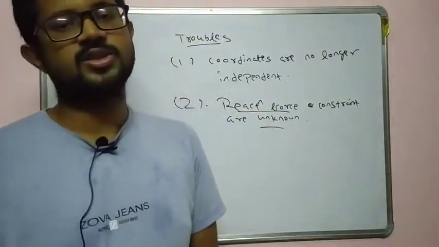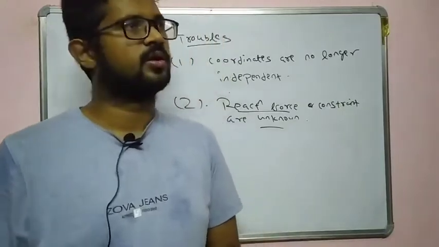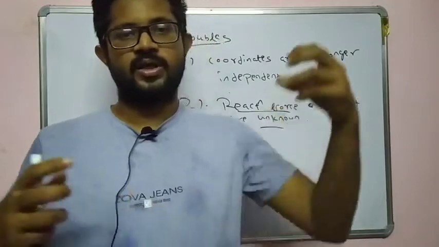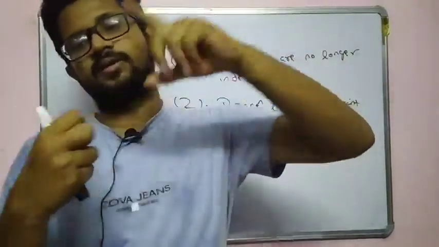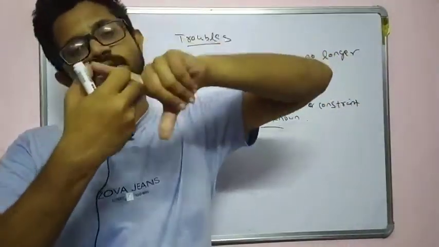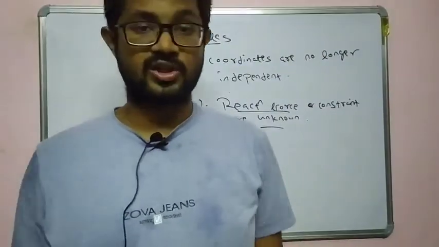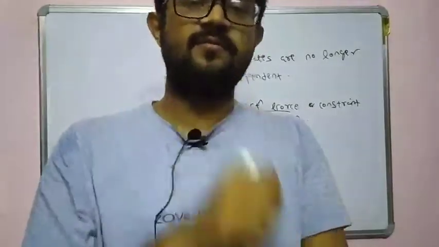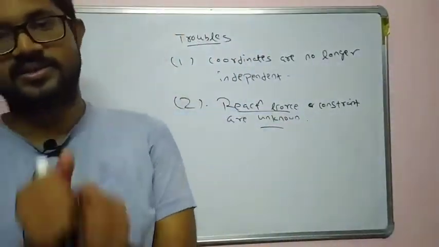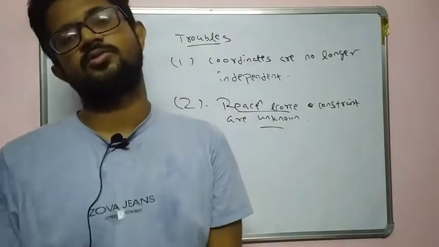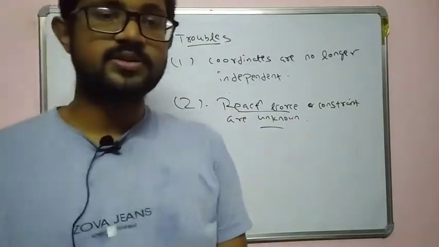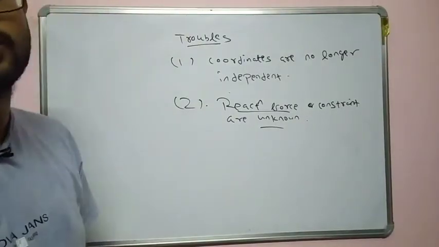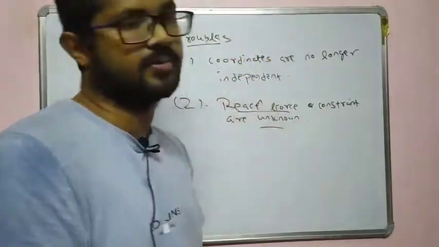Electrons are colliding with each other and with the ion cores. During collision, one electron applies force on another electron, that is the action, and as a reaction this electron gets the same force in the opposite direction. If you know the action, you can know the reaction, but it is very difficult to find the reaction force. So the reaction forces of constraint are unknown. That is the main trouble.